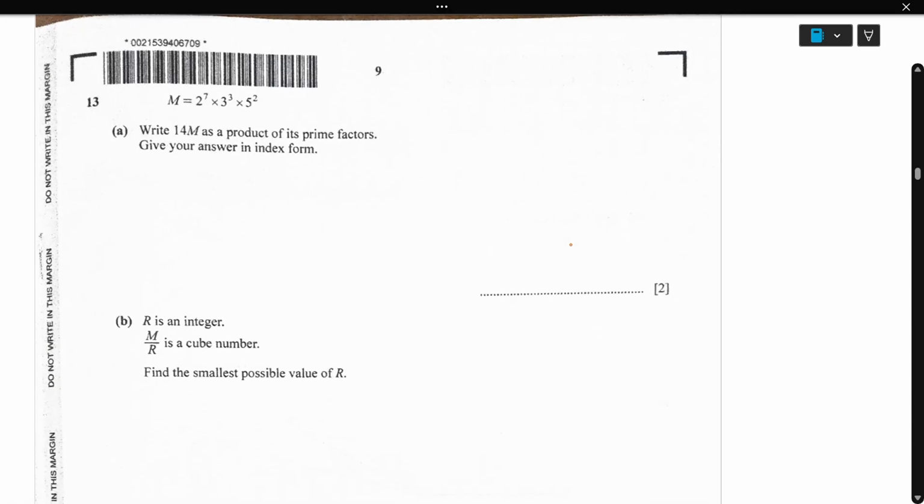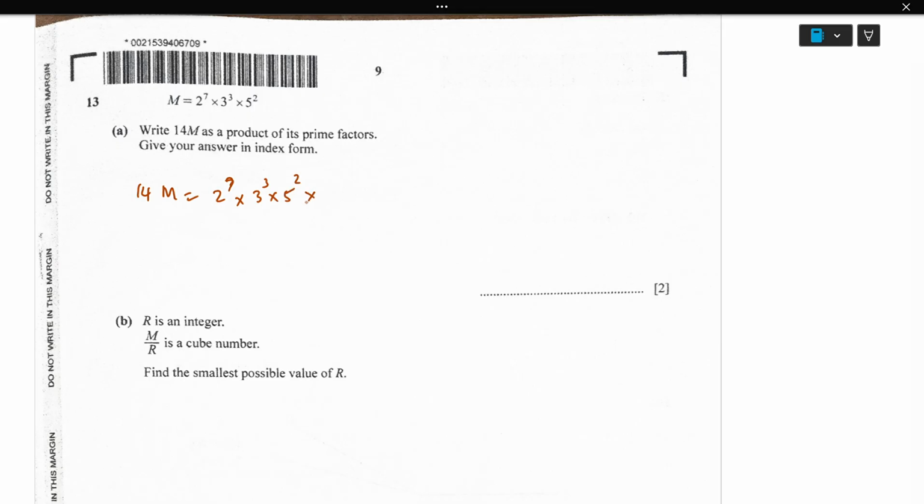Next, question number 13. M equals 2 power 7, 3 cube and 5 square. Write 14m. So for 14m we have to multiply 14 on both sides. So 14m equals 2 power 7 times 3 cube times 5 square times 14. The prime factorization of 14 is 2 times 7.